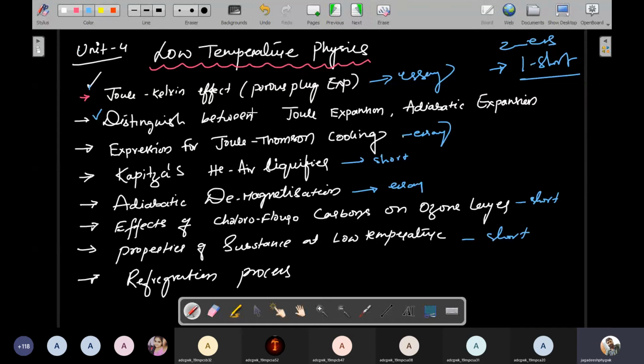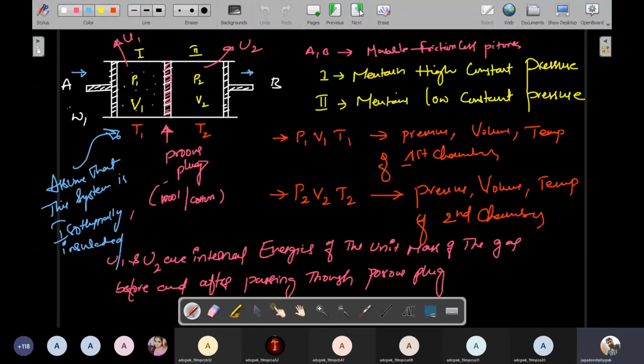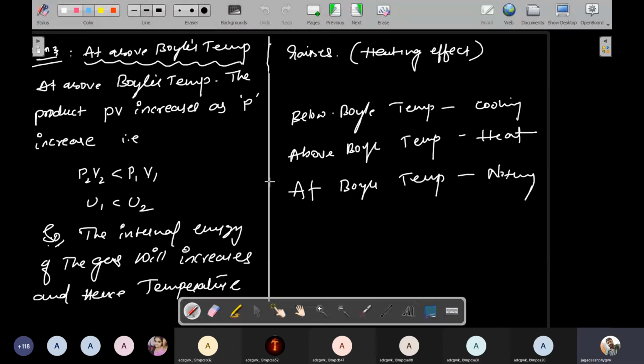This topic is to distinguish between Joule expansion and adiabatic expansion. Please note, everybody. I'll move to the next page.